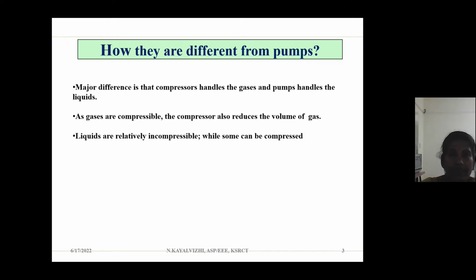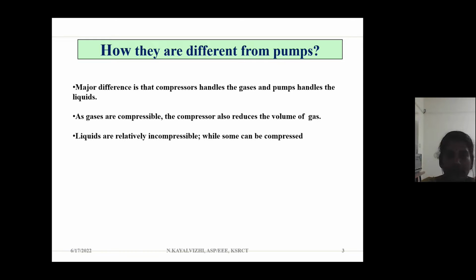And how is it different from pumps? The major difference is that the compressor handles gases, but pumps handle liquids, that is, fluids. Gases are compressible, and the compressor reduces the volume of the gas, while liquids are relatively incompressible.